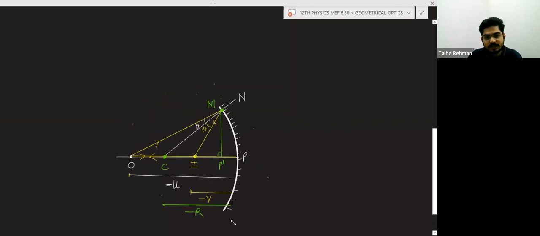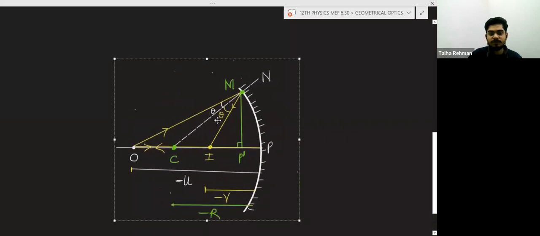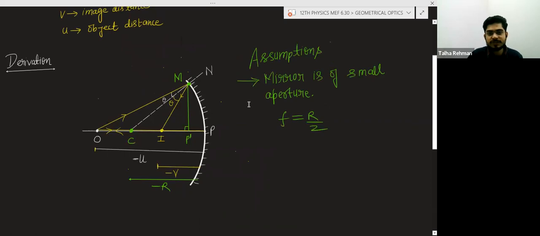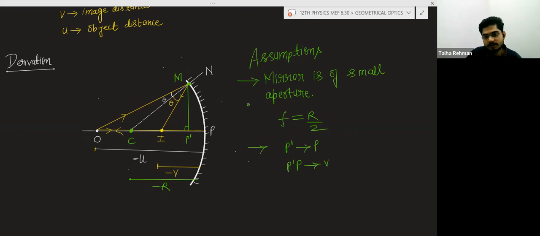So if the aperture is small, the distance between P and P dash will be very small. You can say P dash is tending to P.